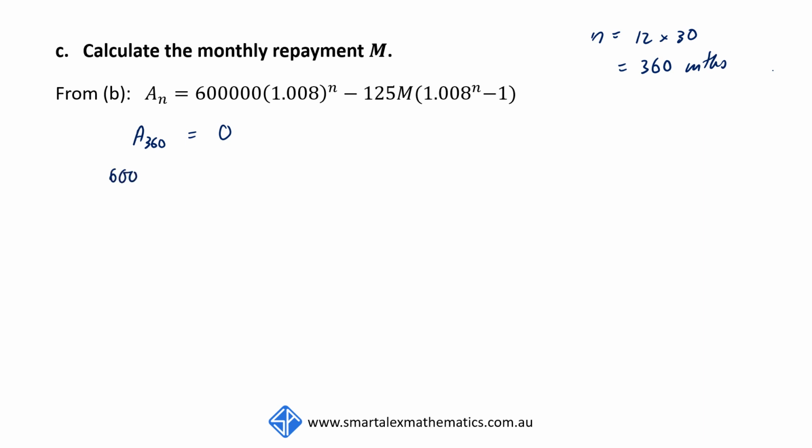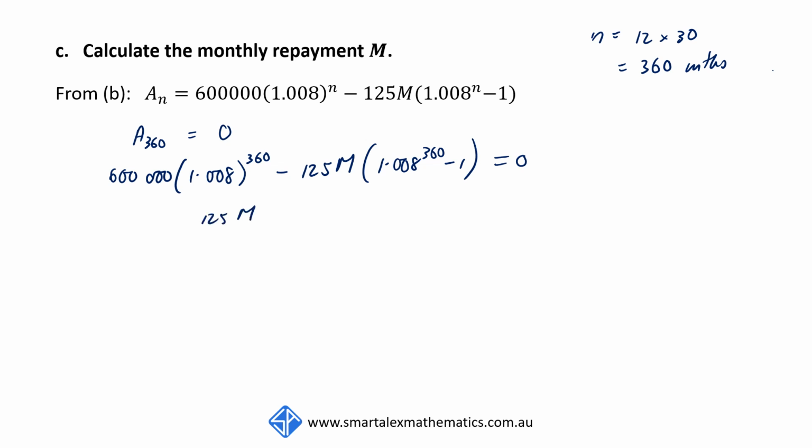So we have 600,000 times 1.008 to the 360 minus 125M times 1.008 to the 360 minus 1 is equal to 0. So 125M times 1.008 to the 360 minus 1 is equal to 600,000 times 1.008 to the 360.